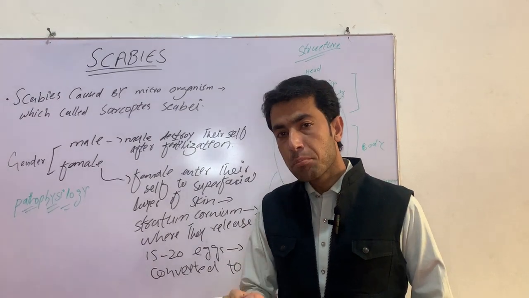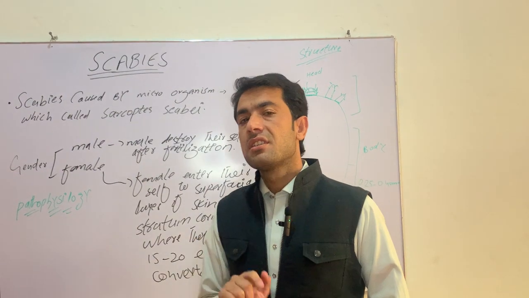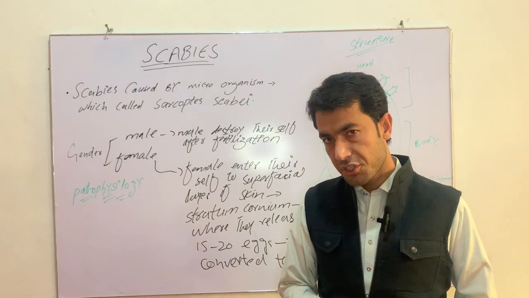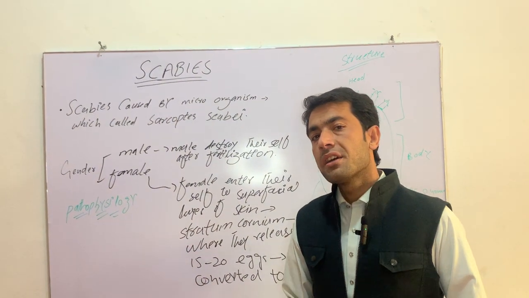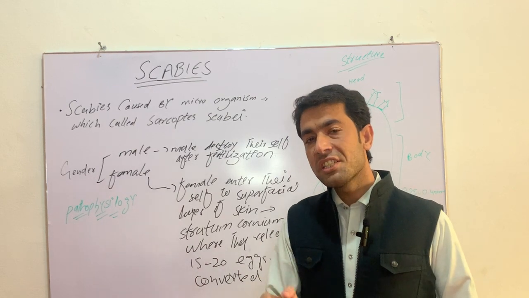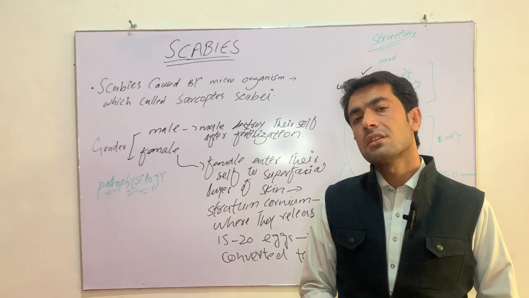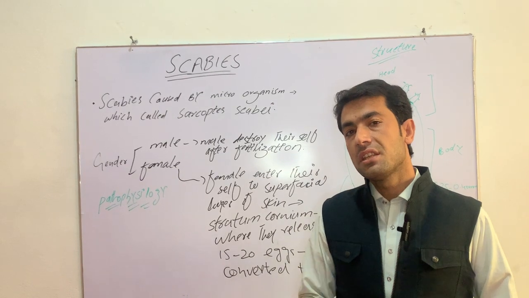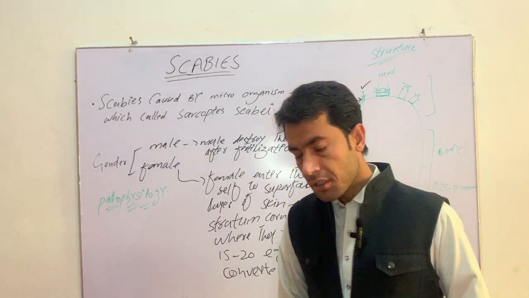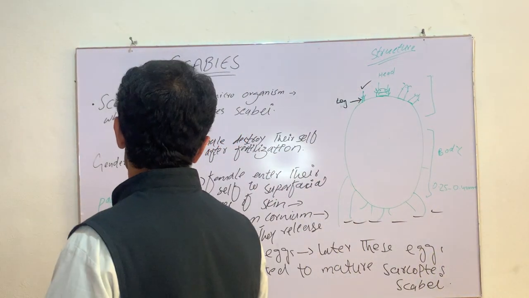After the burrow, it enters the superficial layer, where it releases 15 to 20 eggs, and after 3 to 5 days these eggs convert to mature Sarcoptes scabiei.